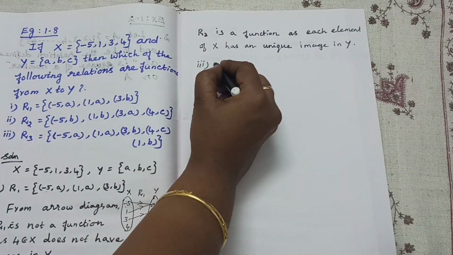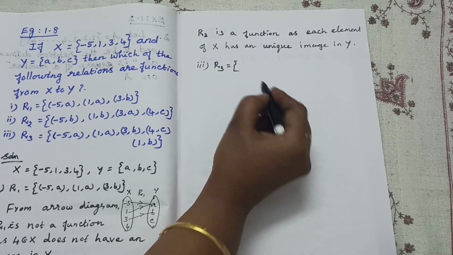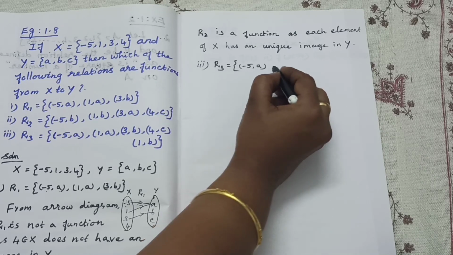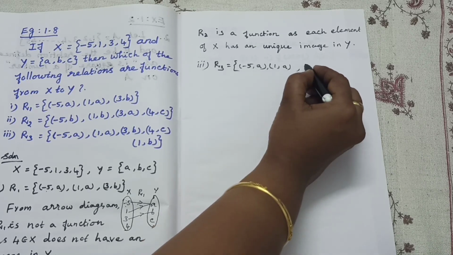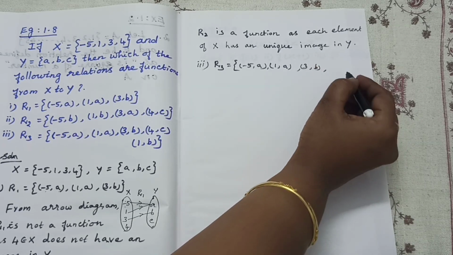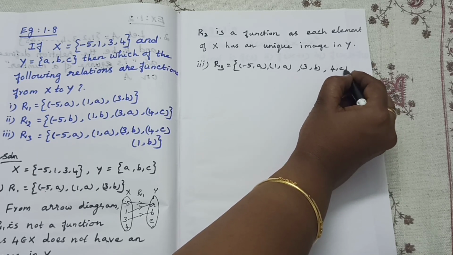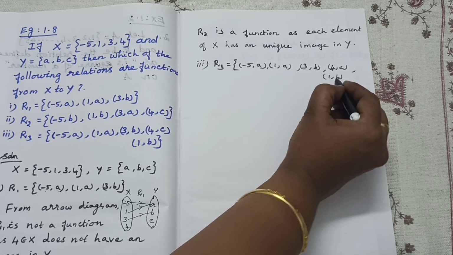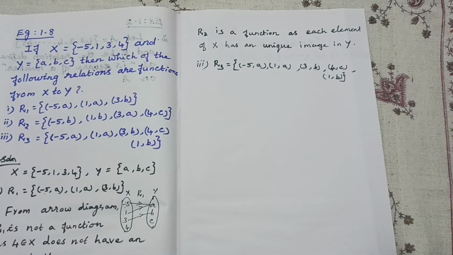here the relation R3 is equal to the set of minus 5 comma A, then 1 comma A, then 3 comma B, 4 comma C, and 1 comma B. This relation is given, isn't it?